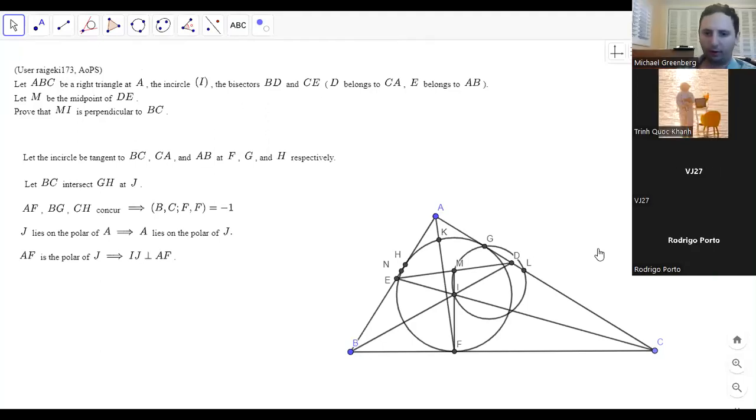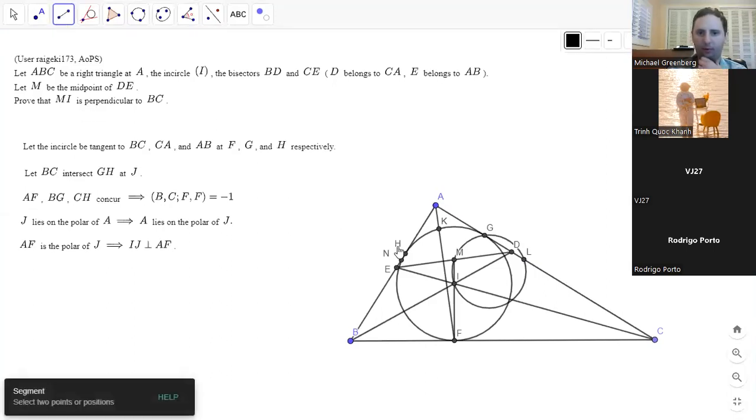Thanks, Sriyansh. So it's well known that M lies on the median of ABC. And the way that you can prove it is by taking these points L and N, and then, for example, you want to show that MN is equal to ML. So basically you draw the parallel through M like before, right?